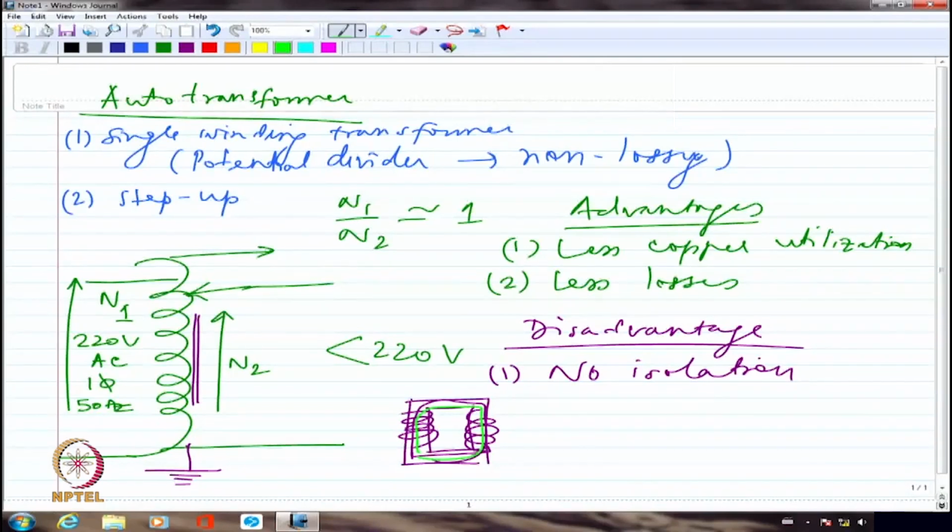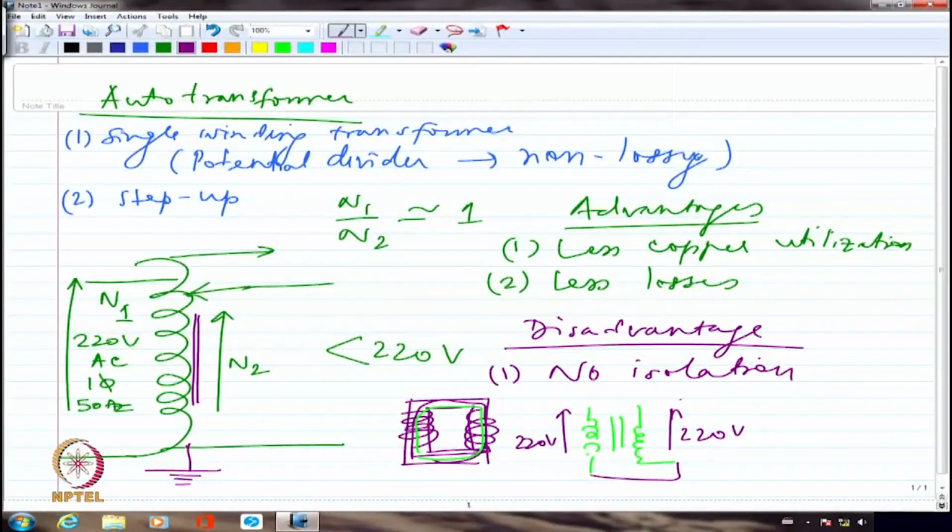problem I can say is, let us say I have a two winding transformer which is 220 volts by 220 volts. Let's say I take a 2-winding transformer which is having 220 volts and this is also 220 volts. I can connect these two in series and make it like an auto transformer to give me an output of 440 volts clearly.